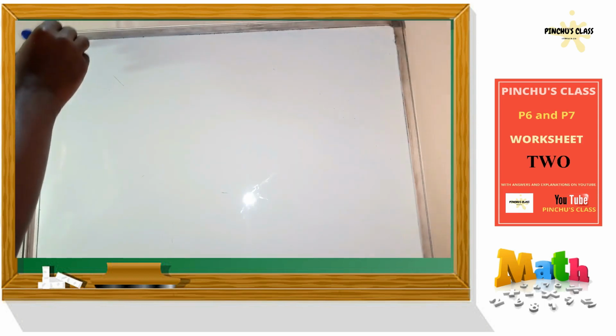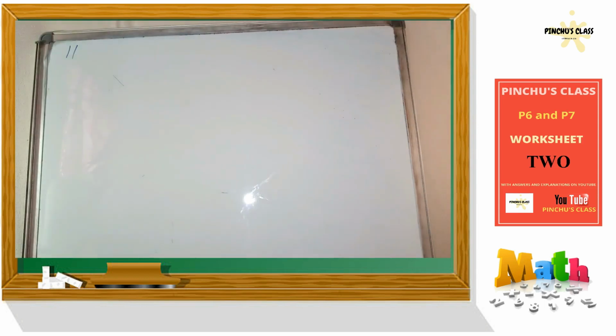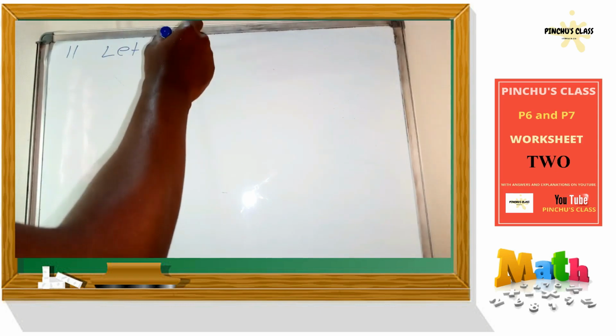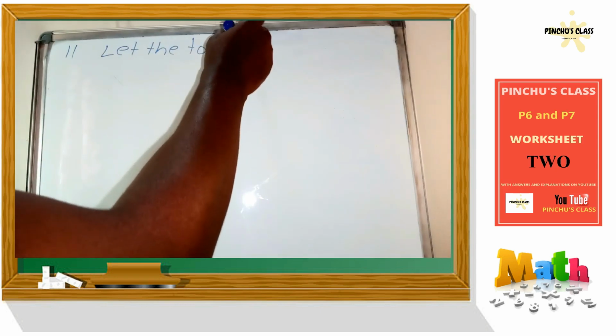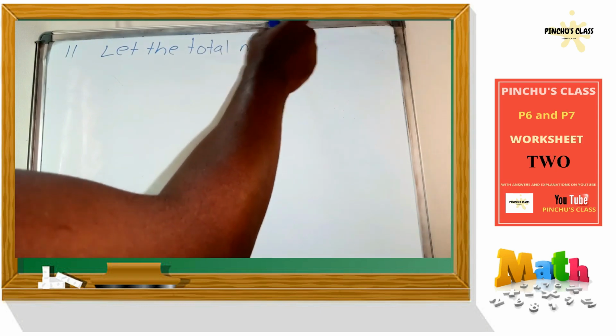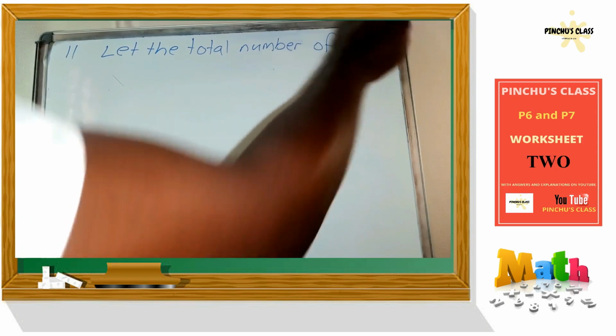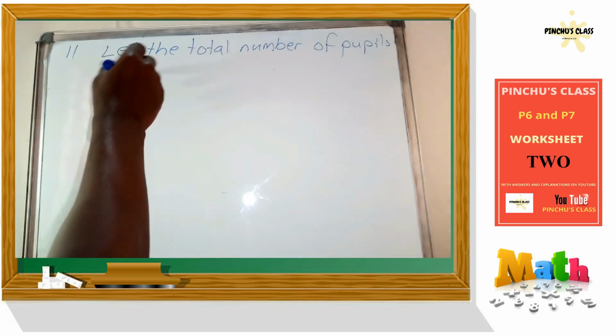Number 11. In a class, the ratio of boys to girls is 2 to 3. If there are 27 girls in the class, find the total number of pupils in that class. So, first of all, we are going to let the total number of pupils be x.